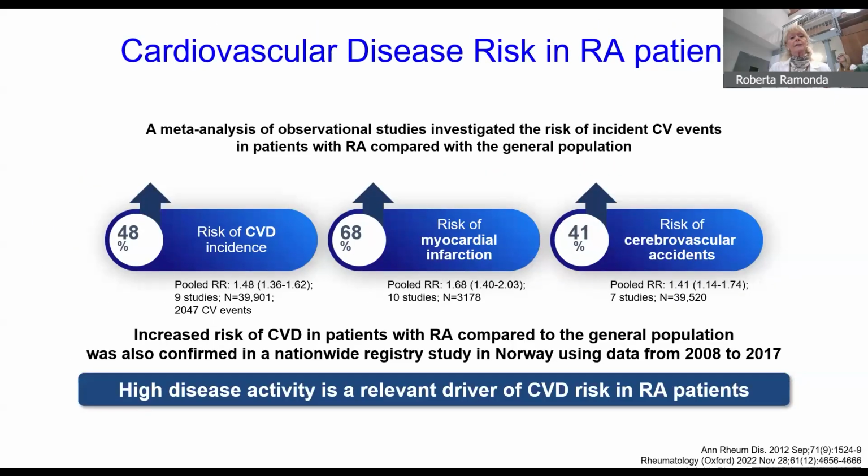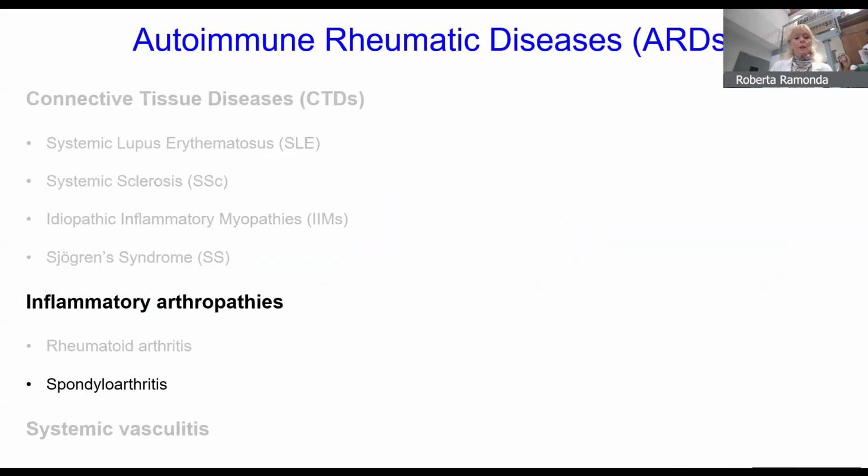A meta-analysis shows the presence of cardiovascular risk in patients with rheumatoid arthritis, and underlines that the risk is increased in patients with rheumatoid arthritis compared to the general population, but in particular in those patients with high disease activity.